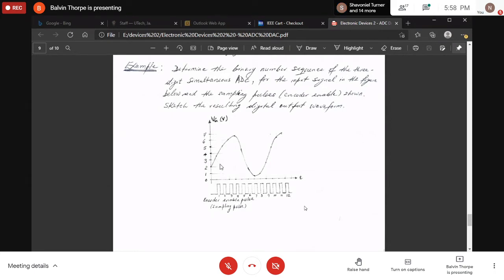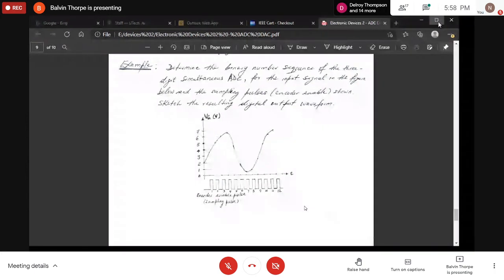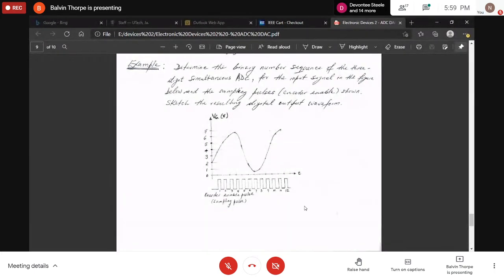So it goes up here and checks the value. For the first one, what value would it be seeing? Somebody said 2. That's fair enough. You guys can see, right?